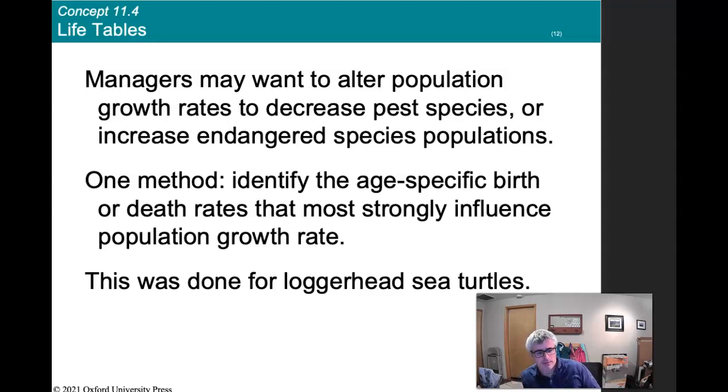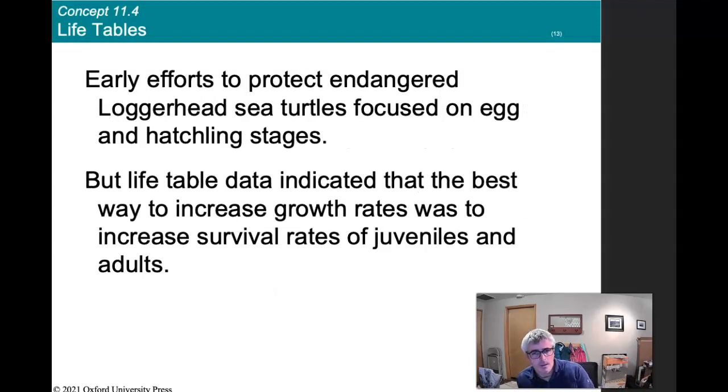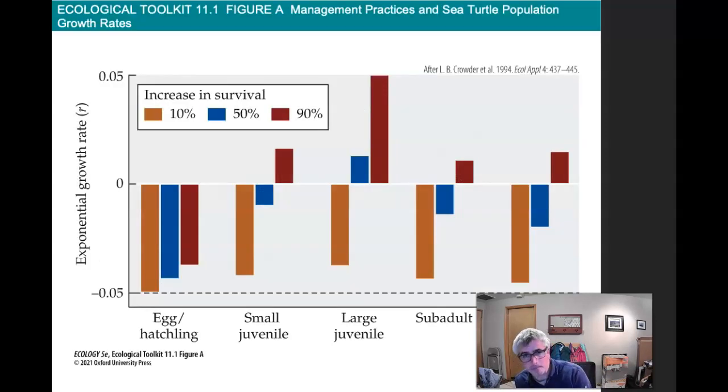And go to another age class and another age class, and then kind of build out a picture of what that looks like. This is going back to the early efforts on loggerheads that focused on the eggs, because that's what we see. And so they were able to use this static life table to look at the different stages of life history for loggerhead turtles and see what would happen.